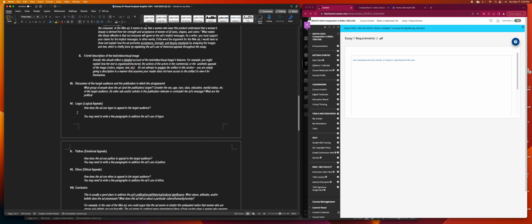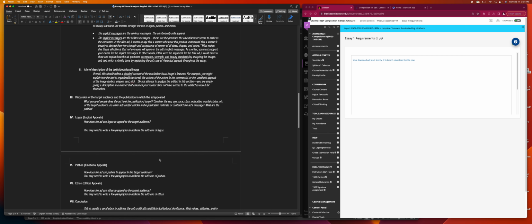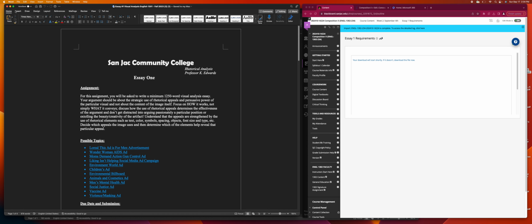And then that's going to bring us to what we are discussing today, which is the actual body paragraphs for your essay. Those 3 body paragraphs should be on logos, pathos, and ethos. After you've completed your paragraphs on logos, pathos, and ethos, then you will write a conclusion, and that will round out the structure for your first Essay 1, right?